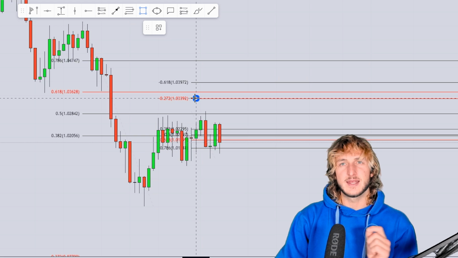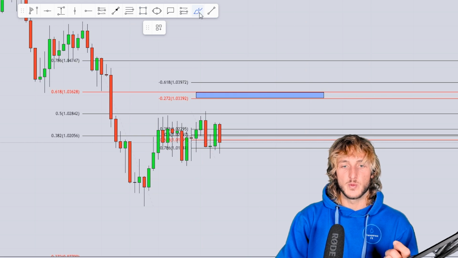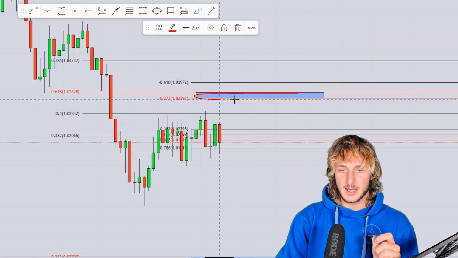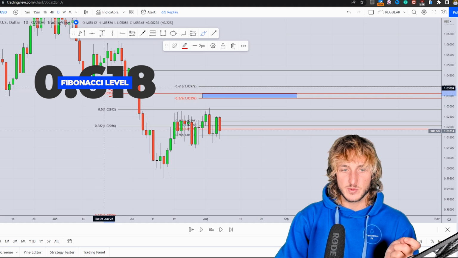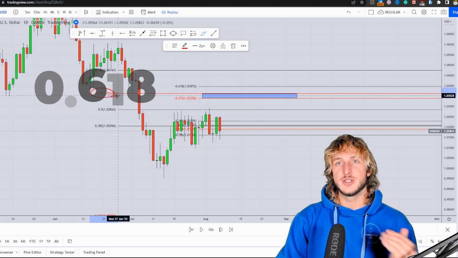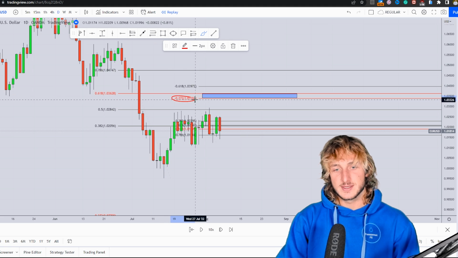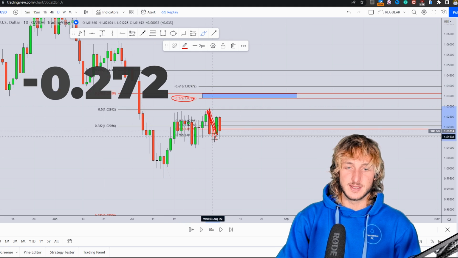If we take our Fibonacci from this low to this high, we can see how at the moment it would appear that the red lines, which are the strongest Fibonacci levels, so the ones that we really need to pay attention to, are creating a cluster of resistance around this area, because you have both the 0.618 of the Fibonacci taken on the weekly impulse combined with the minus 0.272 of the Fibonacci taken on this daily retracement.